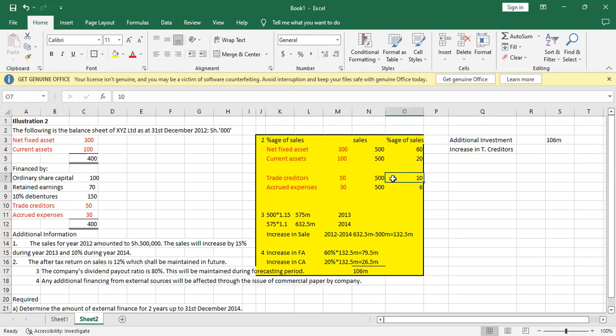So what is 10% of 132,500? Let me just work it out here.